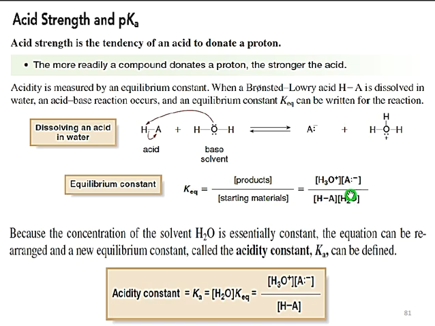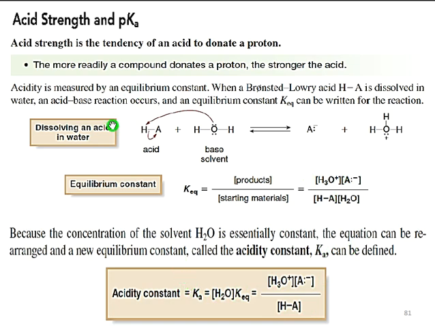Because the concentration of H2O is constant, we can write K equilibrium in the Ka form. That means the acid constant Ka equals the concentration of the products over the concentration of the starting materials.